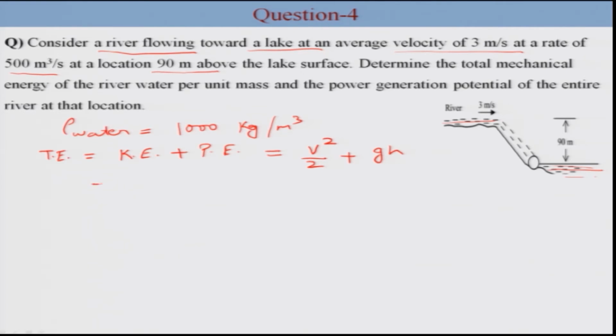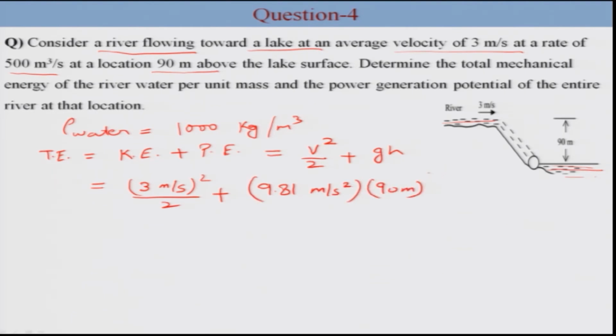So, velocity is given as 3 meter per second. The square of this divided by 2, plus g is 9.81 meter per second square and h is 90 meter.